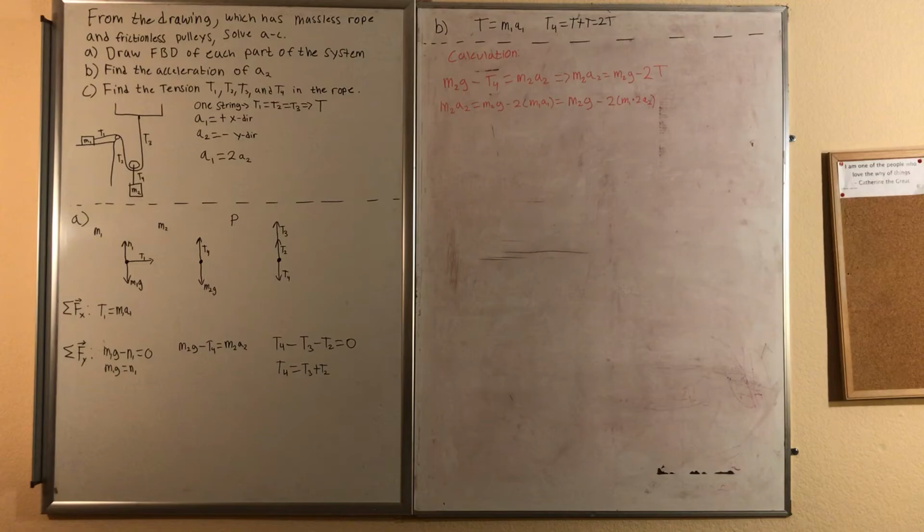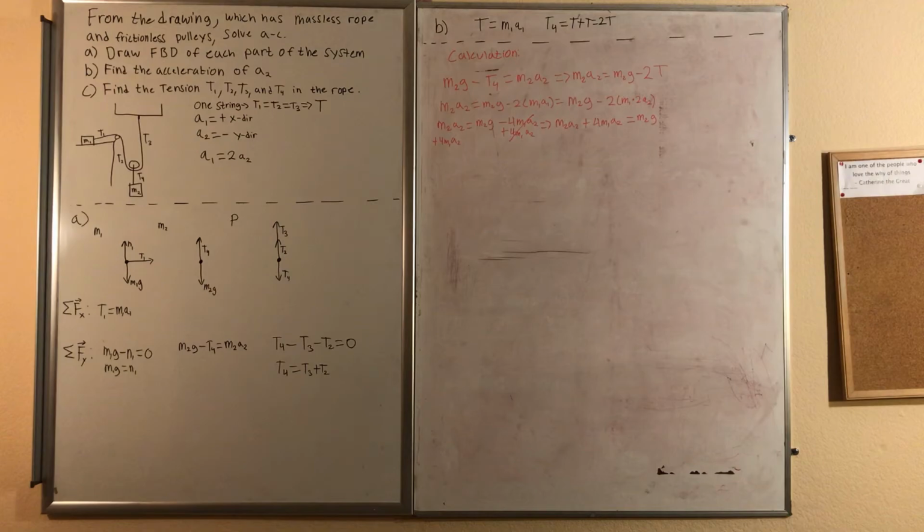Now let's solve for a sub 2. M sub 2 times a sub 2 equals m sub 2 times g minus 4 times m sub 1 times a sub 2. Add 4 times m sub 1 times a sub 2 to both sides and cancel the right side to get m sub 2 times a sub 2 plus 4 times m sub 1 times a sub 2 equals m sub 2 times g.